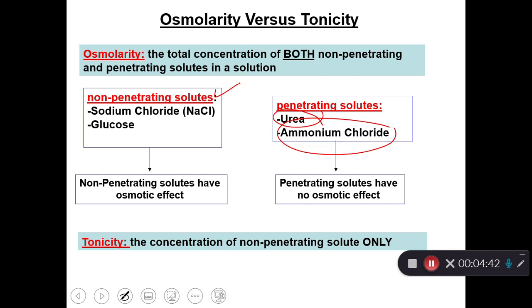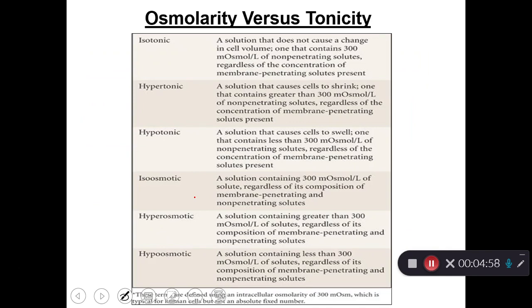And in this case, we call that tonicity. Tonicity is the concentration of the non-penetrating solutes only, and they have the osmotic effect. Based on that, we can classify the solutions into osmotic or tonic. Osmotic is the total concentration, and tonic is the concentration only of the non-penetrating molecules.